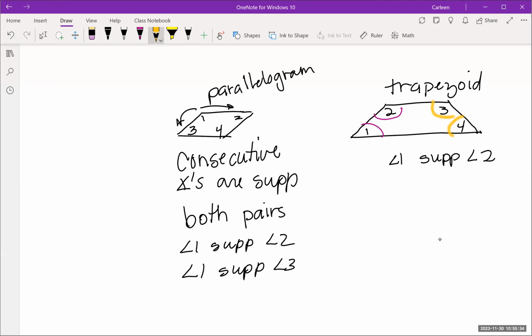So do we see the difference between trapezoid and parallelogram? Okay, parallelogram, there's more options. Trapezoid, only one pair of sides are parallel. So these two are supplementary, and these two are supplementary.